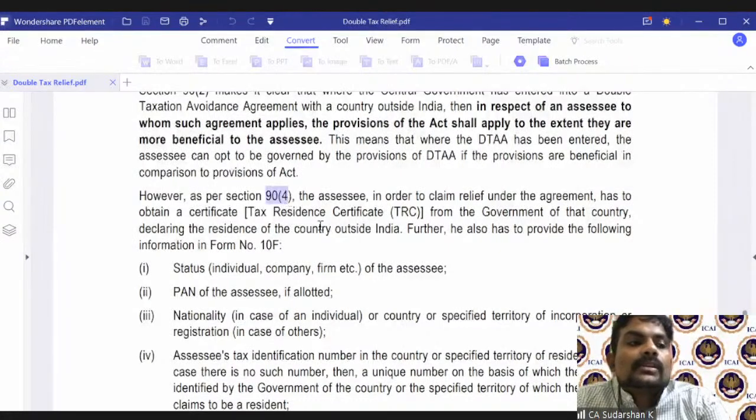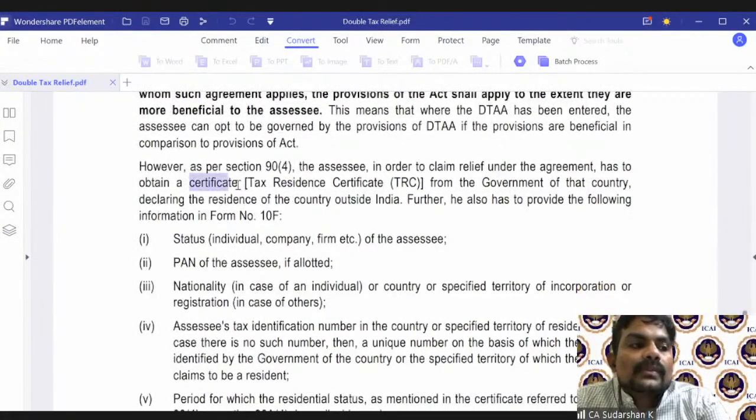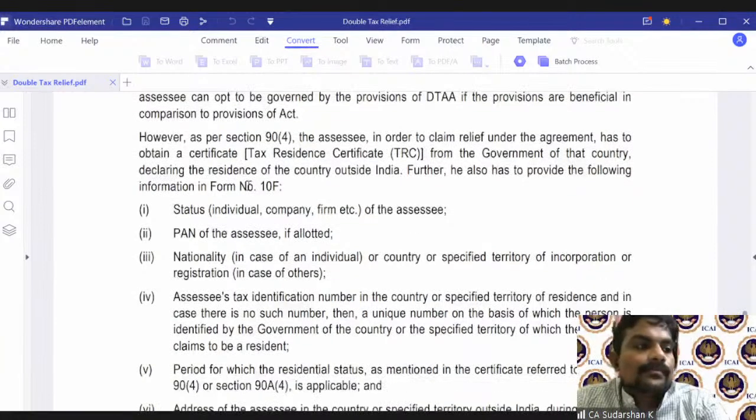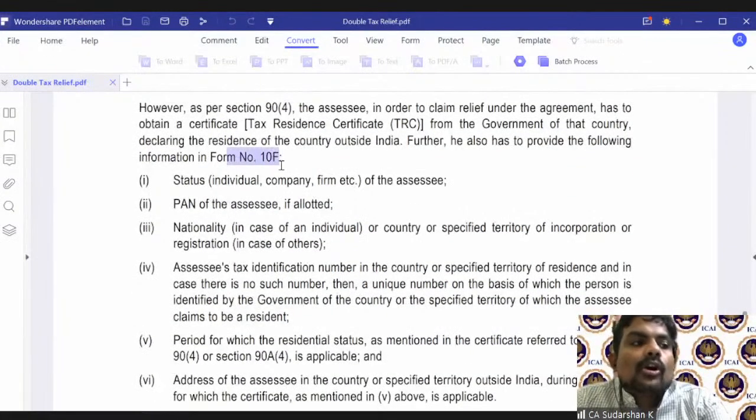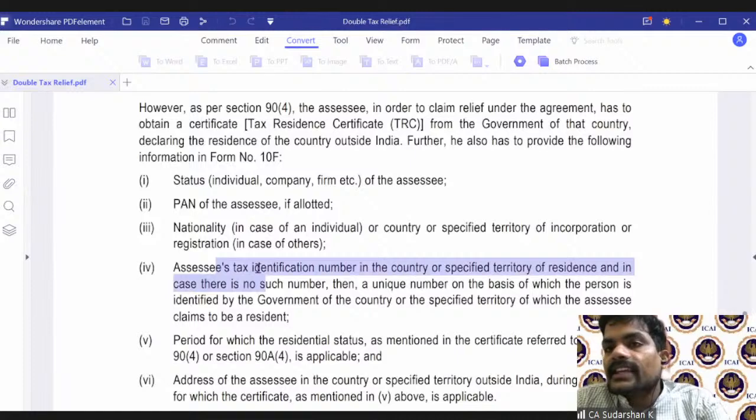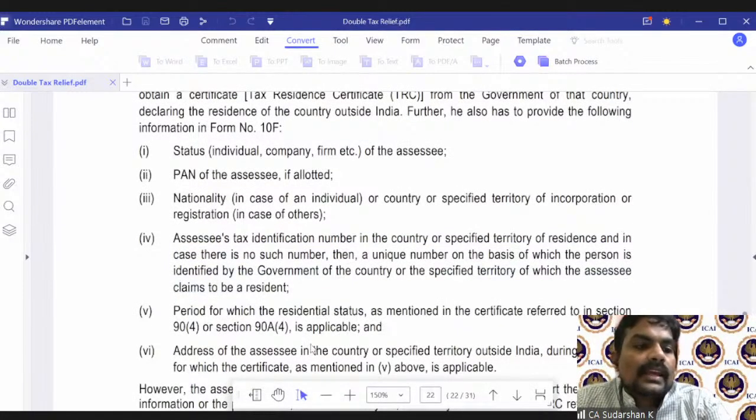The concerned person must also give a tax residency certificate and give all the information in Form number 10F. What is his status? If he has any PAN in India, nationality, tax identification number in that country, etc.